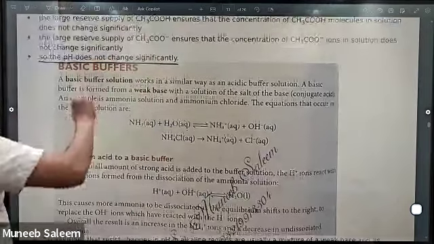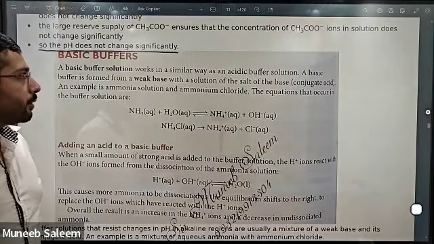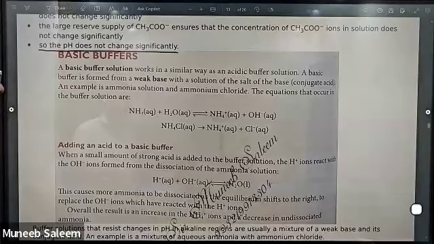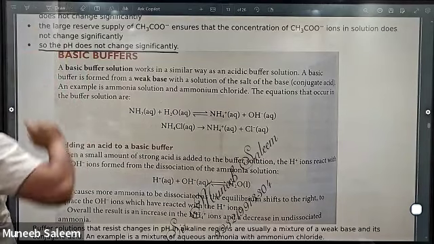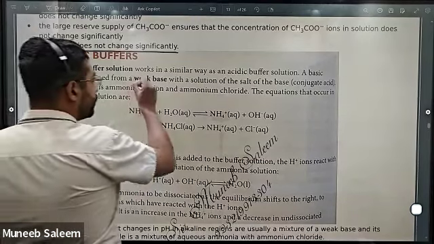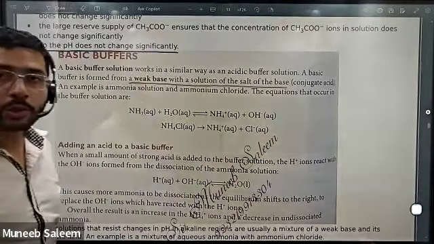Now the next part is the basic buffer. We already defined the basic buffer at the start of the buffer solution topic. A basic buffer is basically a solution in which we have a weak base with a solution of the salt of the weak base. That means the conjugate acid.